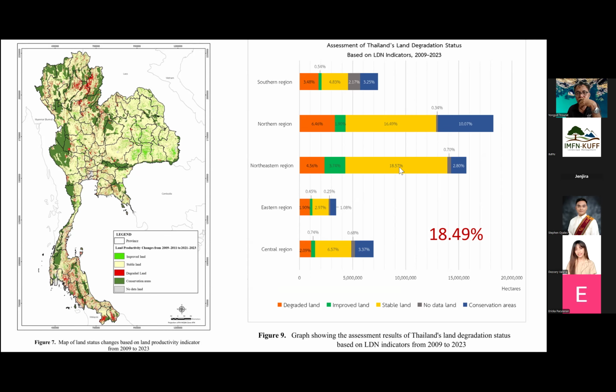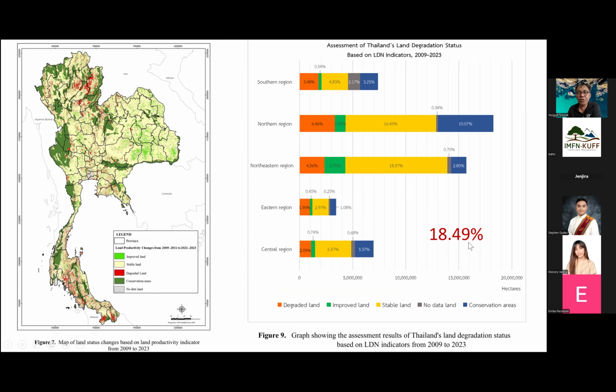In the northeast, 4.5% degraded, 18.5% stable, and improved about 3.8%, either by natural regeneration or human activities. The eastern area is about 2%, and 2% from the transfer, but stable in the central area about 6.5%.